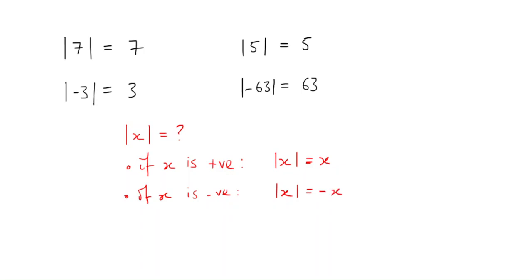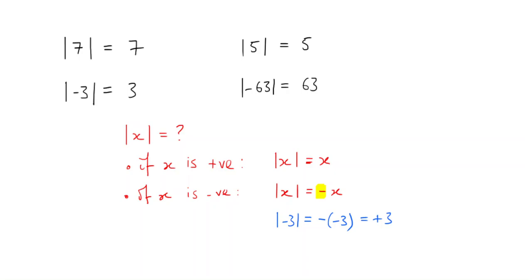Now just think about that for a second again. Remember what we did with the example, right? We had mod minus 3, so here our x is minus 3. So what does the modulus do to that? Well, you can think of it as timesing it by negative 1, right? So you get minus minus 3, and that results in positive 3, right? So here you can imagine what the minus sign is doing is it's taking a negative value of x and making it positive.